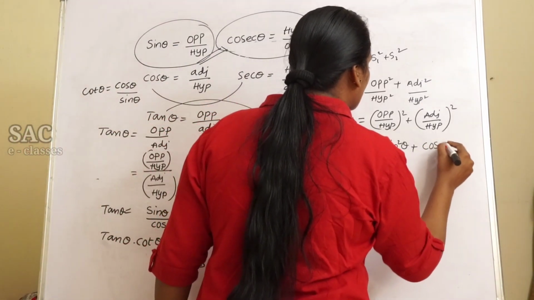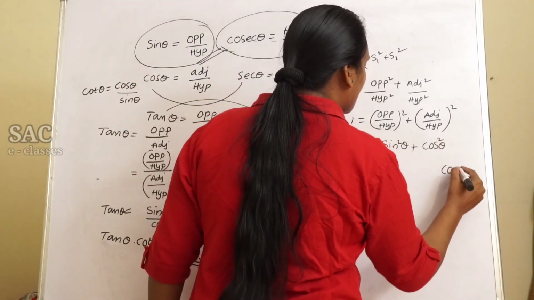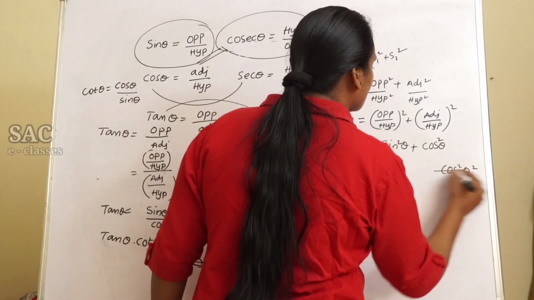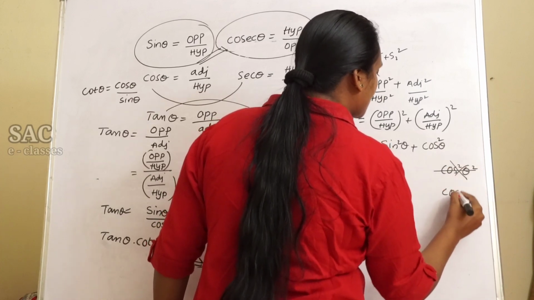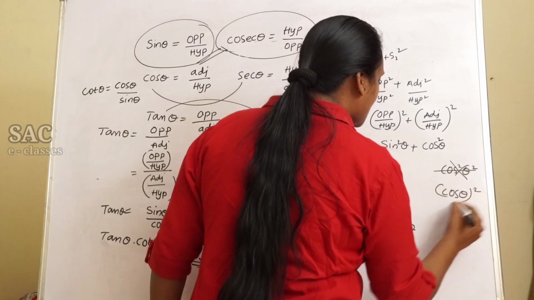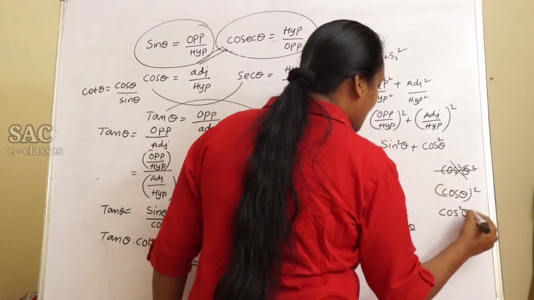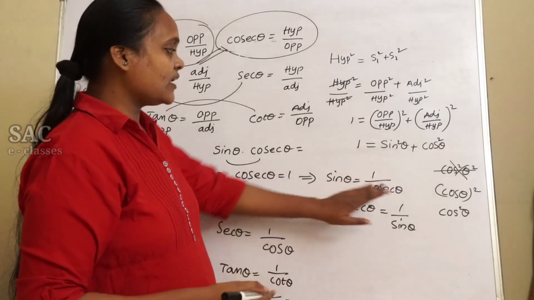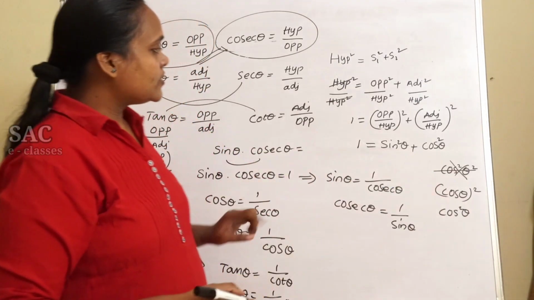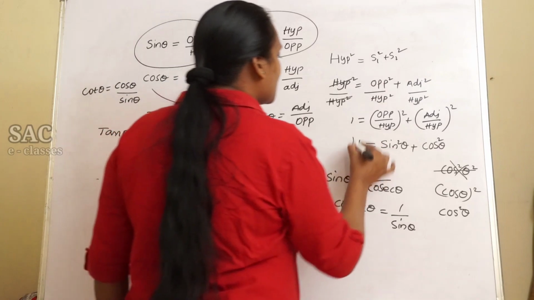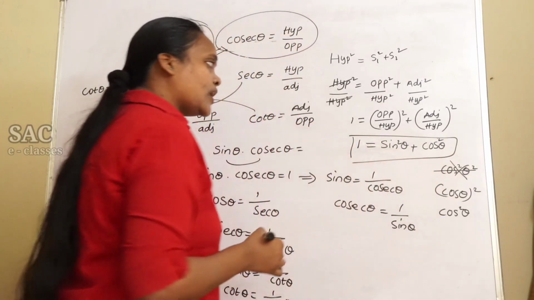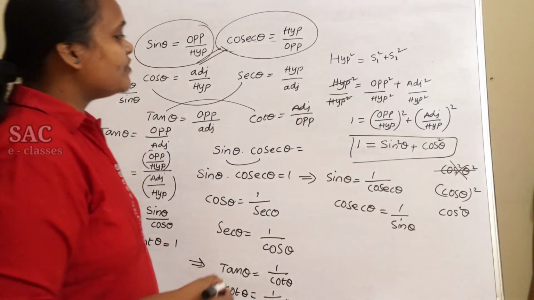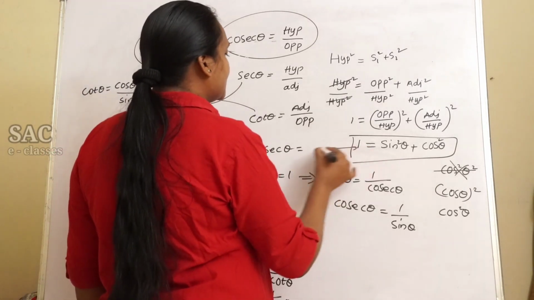So cos theta whole square means cos square theta; don't write it as cos theta square, this is wrong. The angle is unaffected while you square it or multiply anything. So we can write that 1 equals sine square theta plus cos square theta. We call these identities.